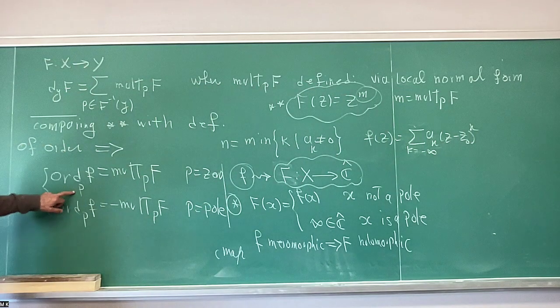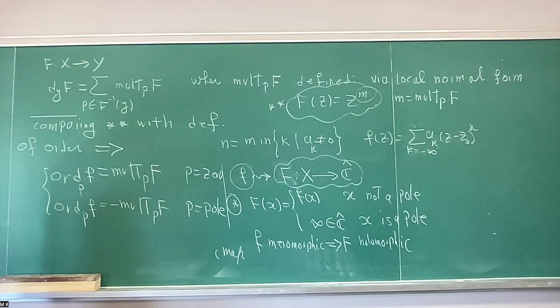That's an excellent question. In that case, m is equal to 1. If the order is 0, the function does not vanish or blow up, so m is 1. So if f has a simple pole or a simple zero, m is 1. And if the order is just 0, m is 1.